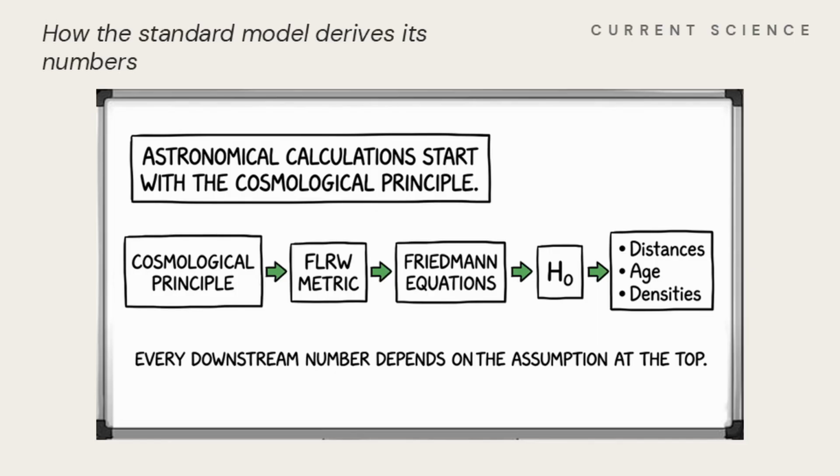Every number in this chain depends on the one above it. Remove the axiom at the top, and the downstream numbers become indeterminate. Run backward, the same equation implies a singular moment of origin, the event the Standard Model names the Big Bang.